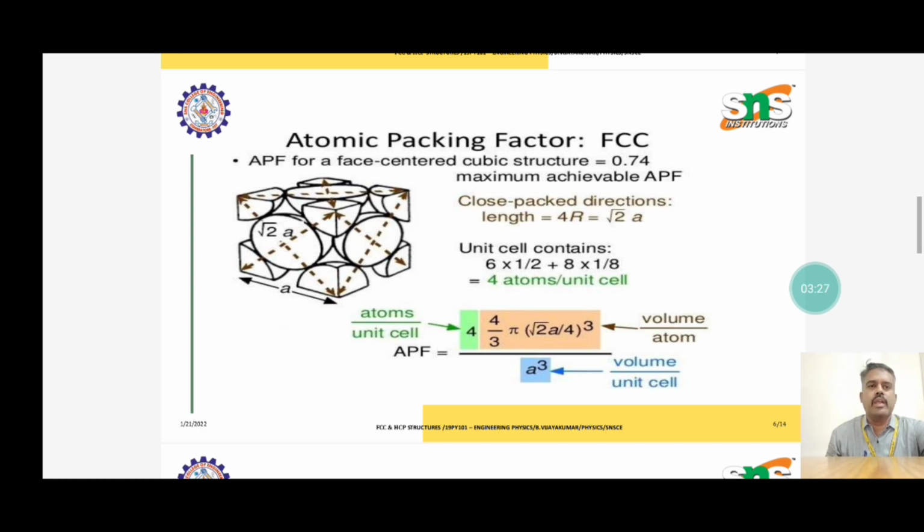We know the radius of FCC is root 2a by 4, so we substitute from there. Then the denominator is the volume of the unit cell. We take a cubical formation, so we get a cube. Finally we get 0.74, that means 74% is occupied by atoms in FCC.